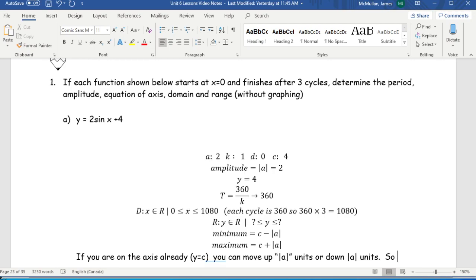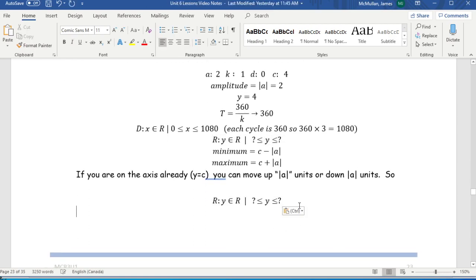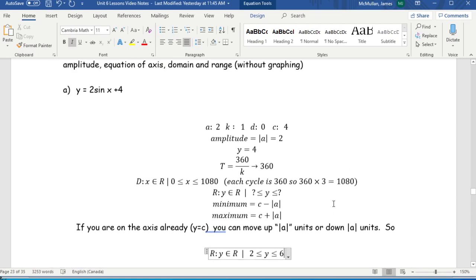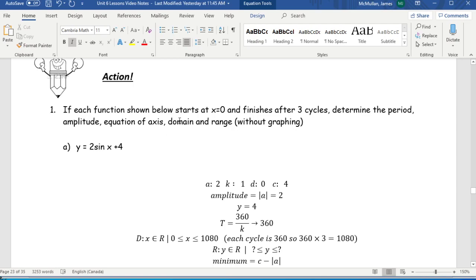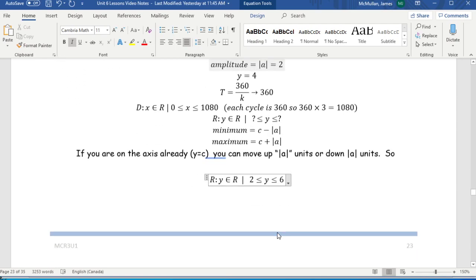So to get to the maximum, try to think of it as, okay, if my axis is at 4 and my amplitude is 2, then the highest number I could possibly get to is 6, right? My axis is at 4 and I can go 2 higher. On the other hand, the lowest number I could get to, my axis would be 4 and I could go 2 lower, right? So there you go. Okay, so just if you need to go the other way around, you have that option. Okay, domain and range, so we got everything we need there.